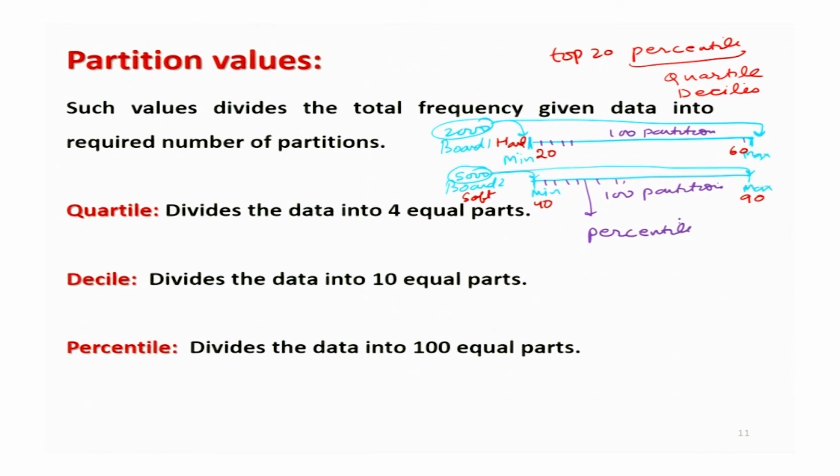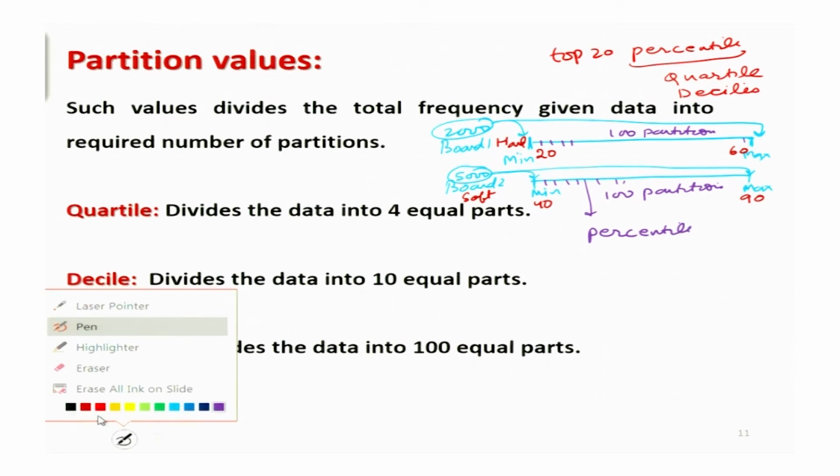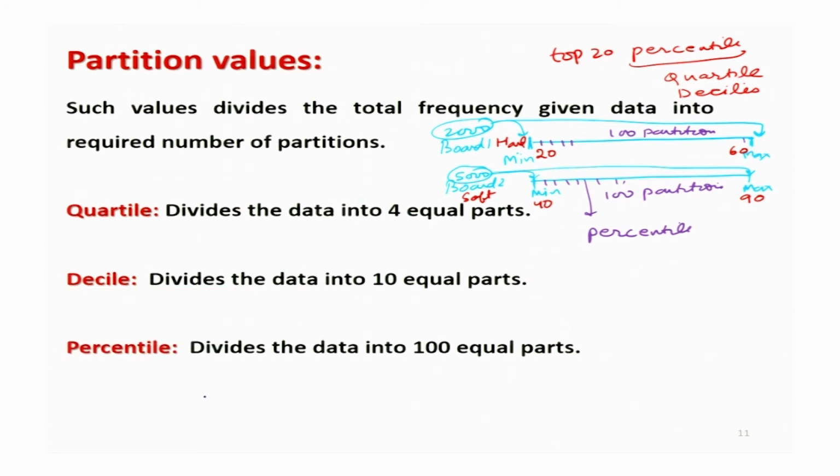That is why many examinations have made a condition that they will consider those students who are in the top 20 percentile of their board examinations. What does this mean? They will look at the top 20 from the maximum, that means the 80th percentile.